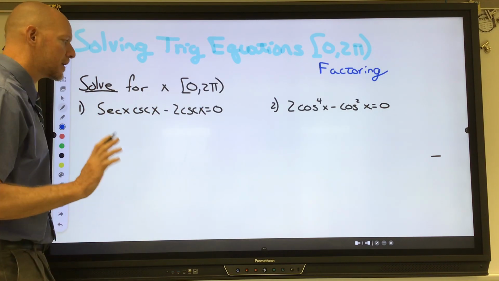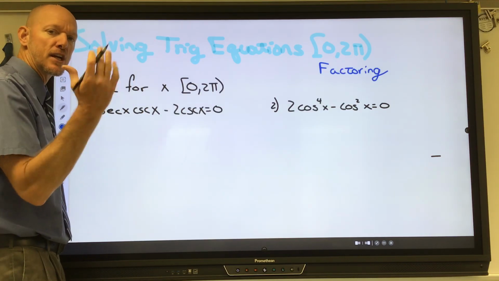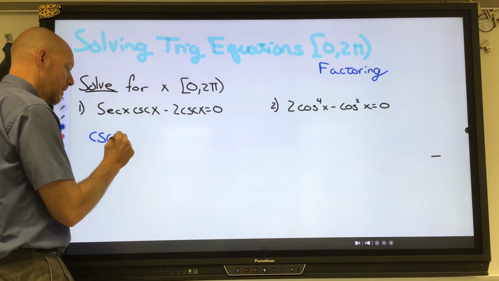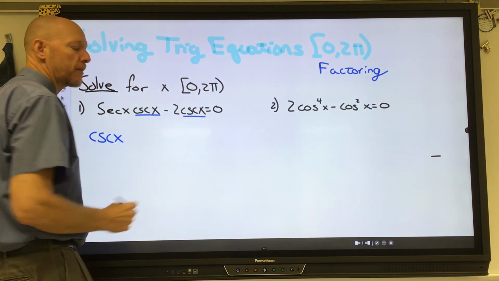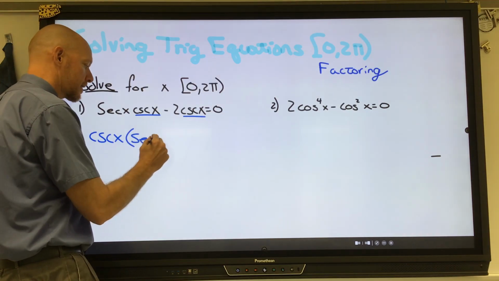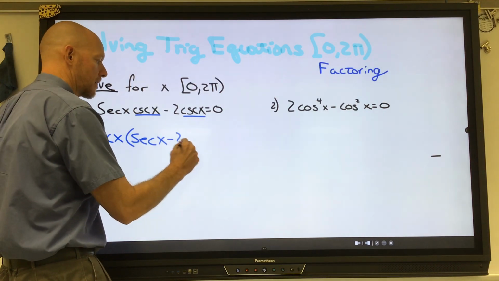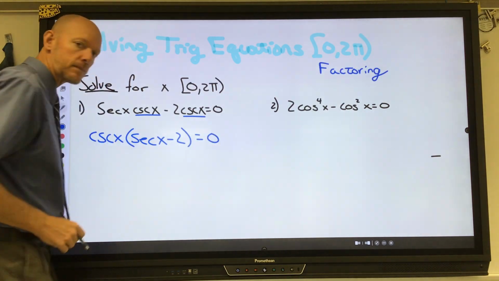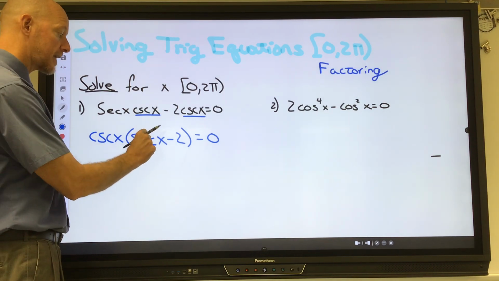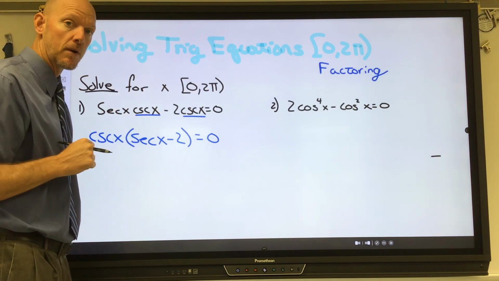The factoring strategy in this case is factoring out a GCF, or greatest common factor. Both have a GCF of cosecant x, and upon factoring out cosecant x, I get cosecant x times secant x minus 2 equals 0.